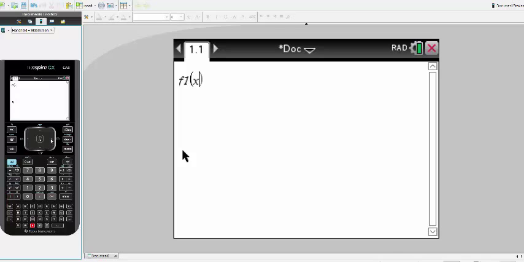f1 is a function of x, that's the variable, and we have to have this colon equal to, so I'm going to hit control and this to define the function, and it was x squared minus 2x minus 8. Enter.